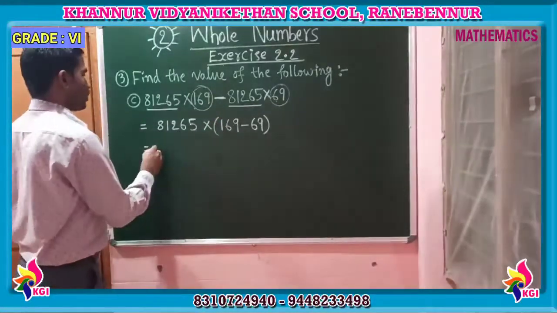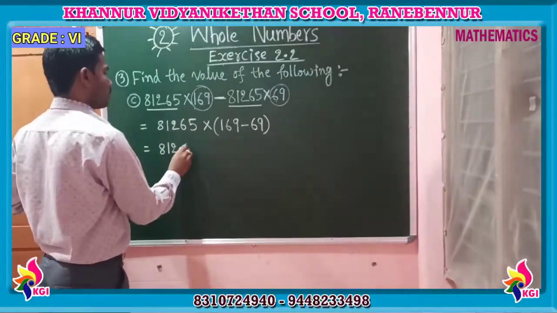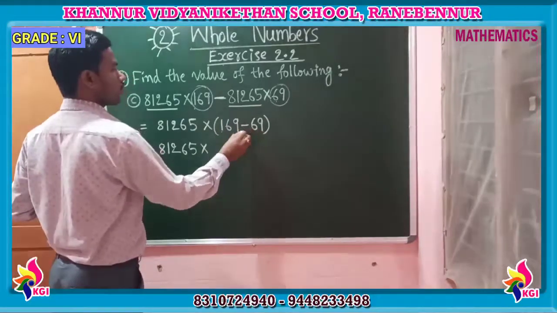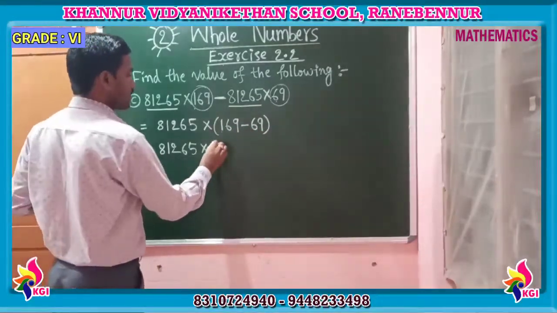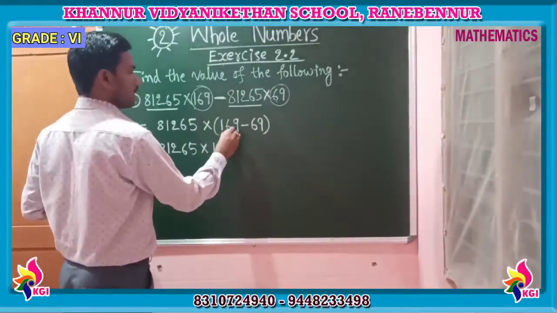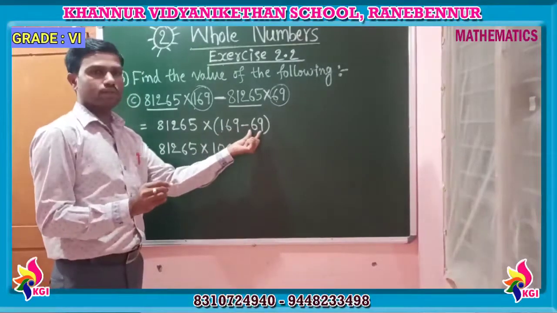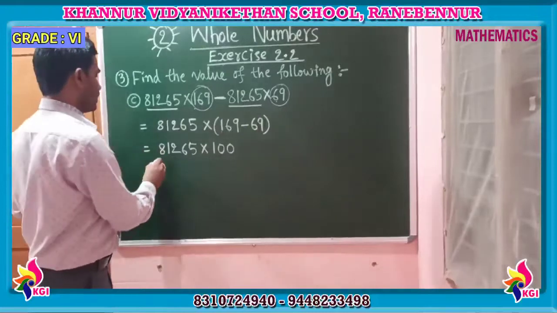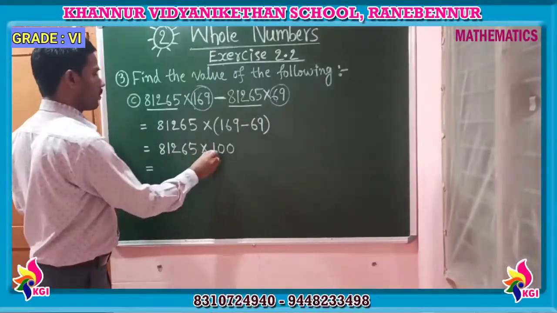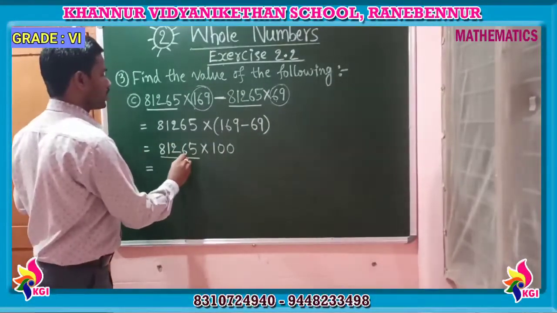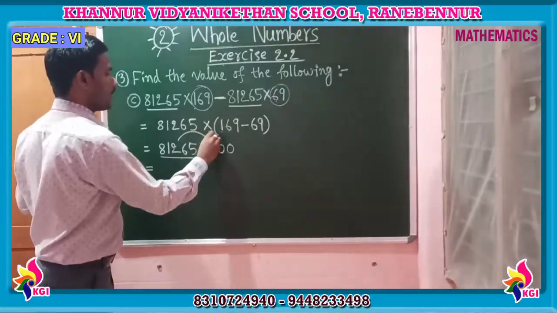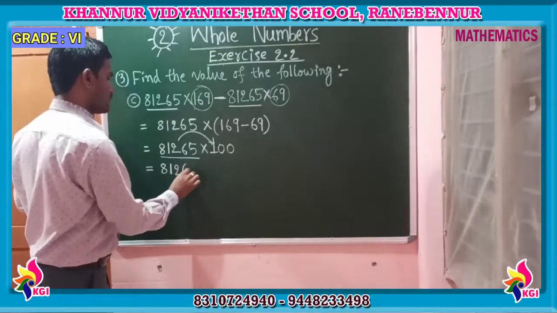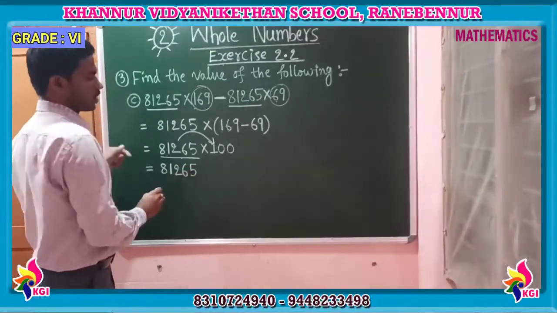That's why again 81,265 write as it is. And what is the difference of this 169 minus 69? This is 100. In the 169 we will subtract 69 means we will get 100. Then multiply these two numbers. 81,265 ones are 81,265.